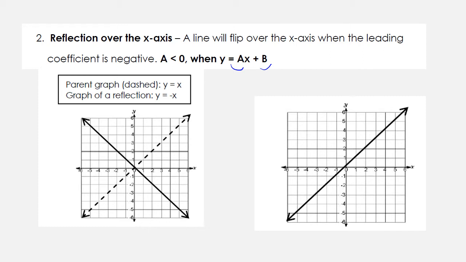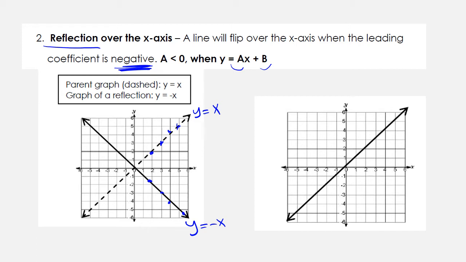When a value is less than 0, meaning negative, that means we would need to reflect the parent function over x-axis. When our parent function is y = x, we will take the parent function and reflect each point over x-axis to find the new line, new equation. y = -x will be the equation of the reflected line.